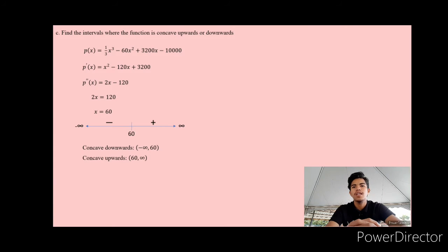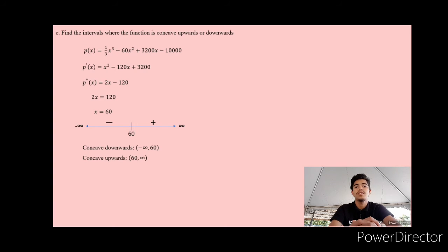The value of x we get is 60. Testing a number below 60 in the second derivative of the profit function, we get a negative value.